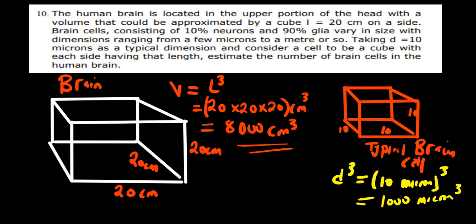Now the question is asking us to estimate the number of brain cells in the human brain. This is very straightforward now, because we have the volume of the human brain and the volume of one cell in that brain. So we're just going to divide.